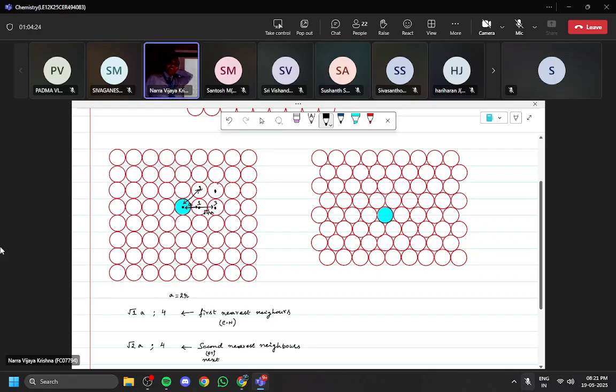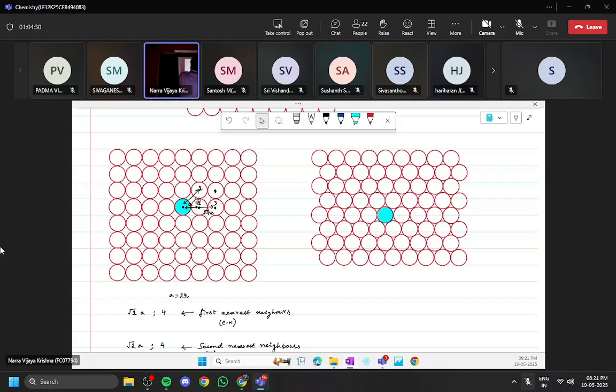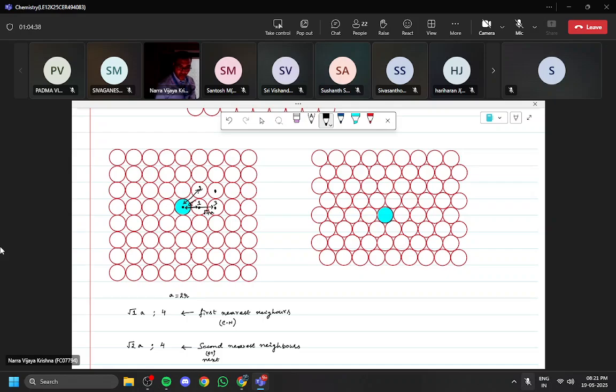Root 5a? This is 2a, this is 1a, and this is the hypotenuse. So root 5a. I am writing 4 and root 5a.